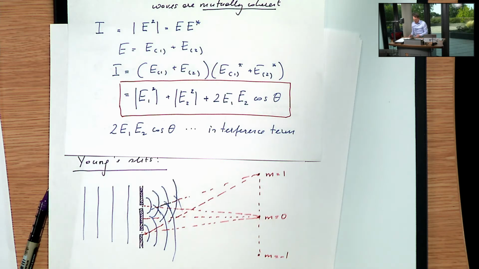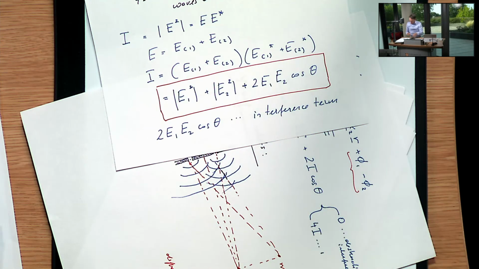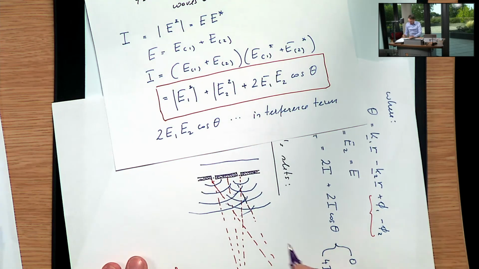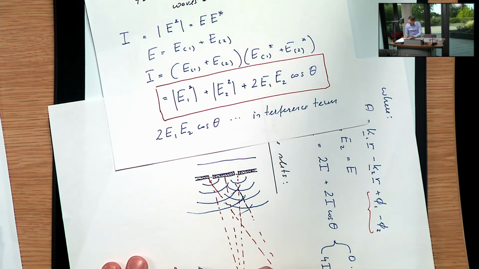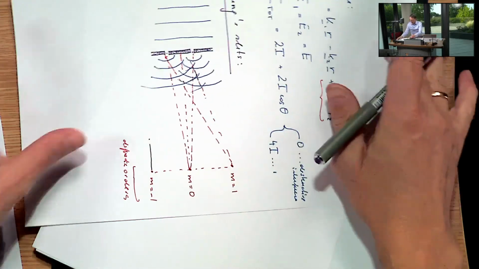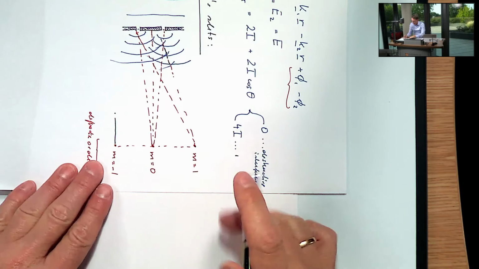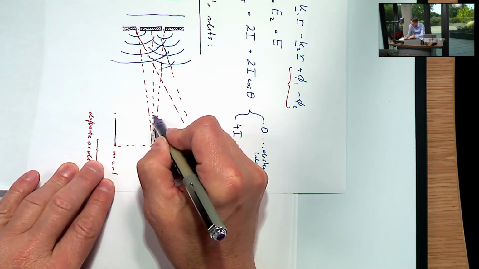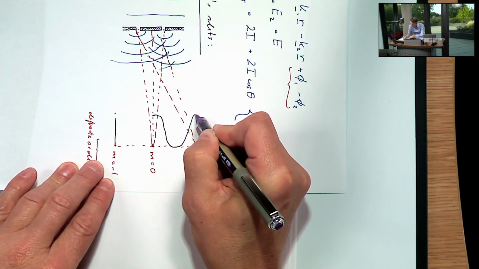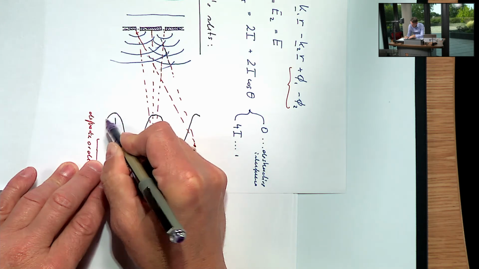And so what we end up with here, if I plot the intensity, it might look something like this. So I need to come up here so you can see this. If I plot the intensity, you get a maximum here, minimum down there, another maximum here, minimum down there, maximum there.